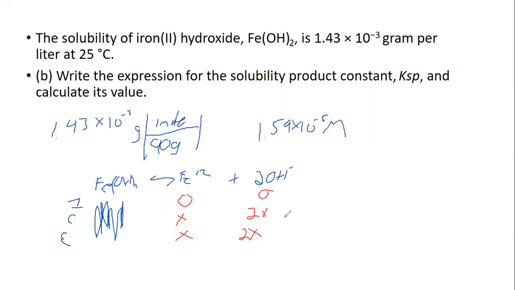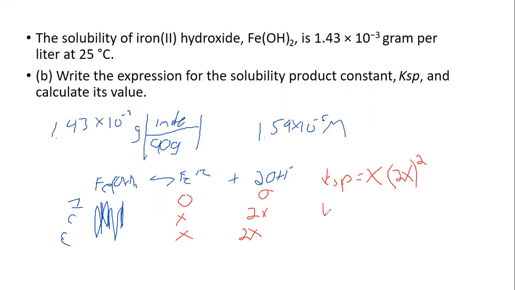Okay, and we know that KSP is the concentration of iron at equilibrium, which is x, times the concentration of OH at equilibrium, which is 2x, and that hydroxide is squared.